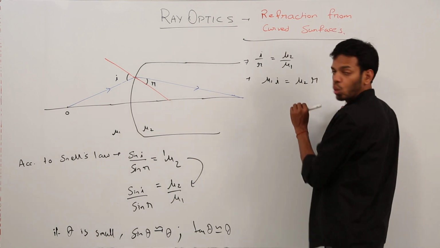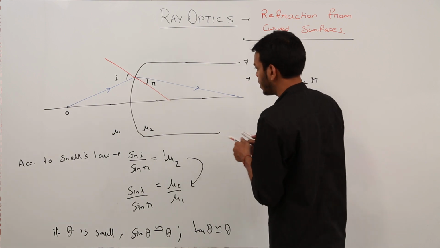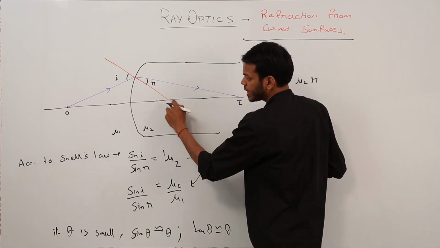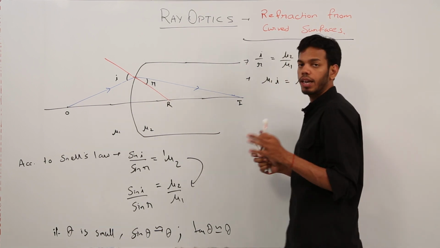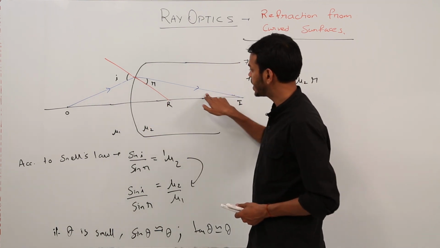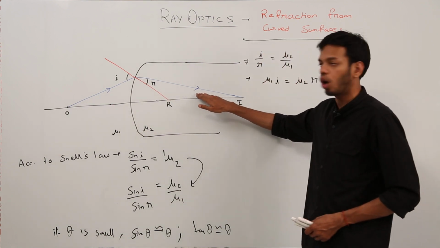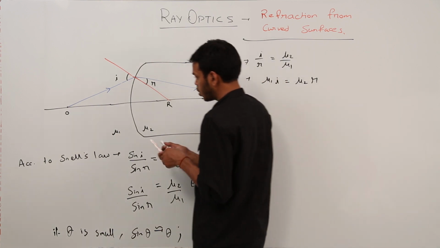Now for step 2, for the object, let me make a few notations here. This was the image, this is the normal, so this distance is the radius of curvature, right? So write the notations for 3 angles, alpha, beta and gamma. For the object, this is always alpha, for the image this is always beta, and for the normal this is always gamma.